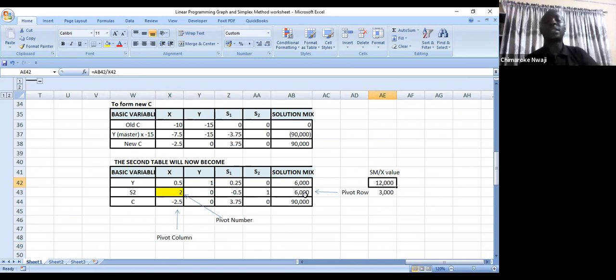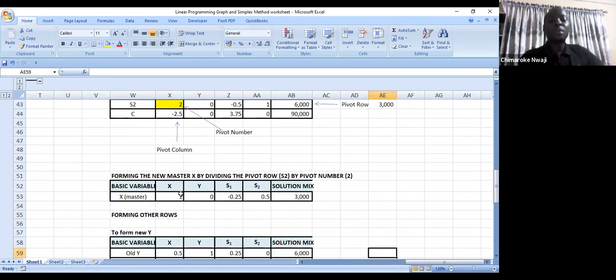And here 6,000 divided by 2 is going to give you 3,000. So 3,000 is the smallest positive, and it becomes a pivot rule. And if you trace it down, this number 2 here becomes the pivot number, which you have to treat with dignity.